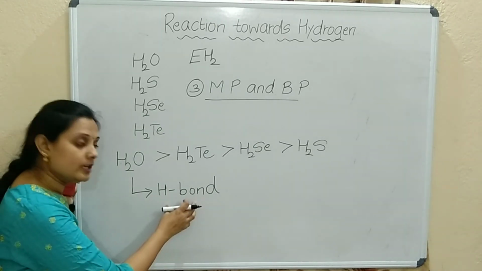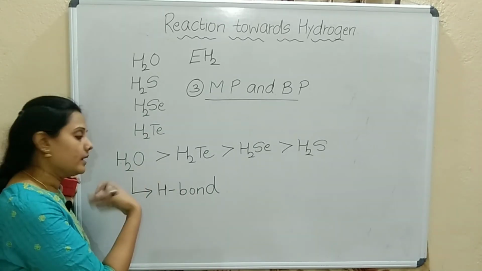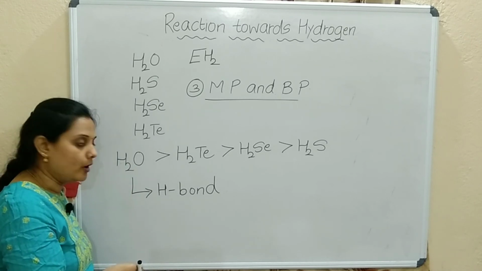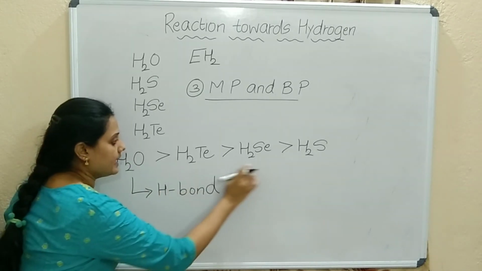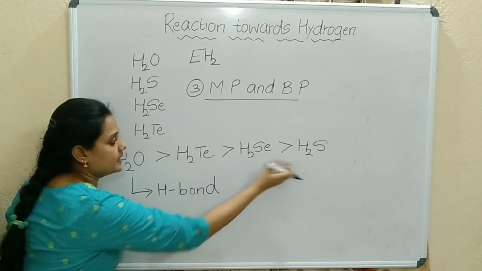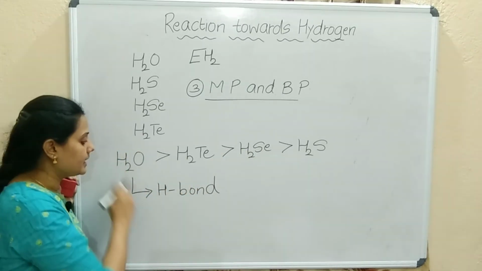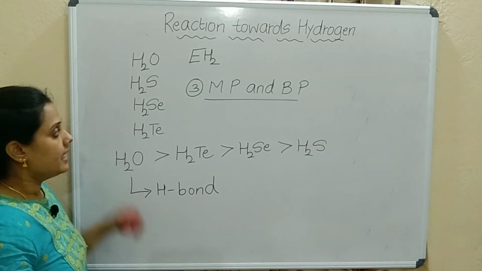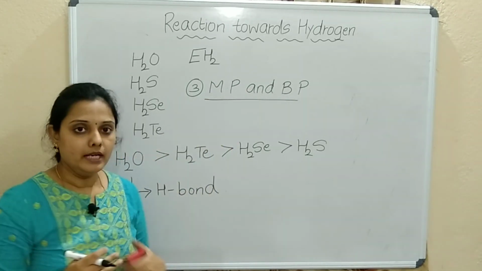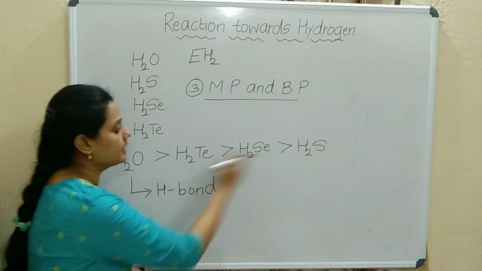Correct? Hydrogen bond is a strong bond. More energy is required to break that bond. So the order is the same as H2Te, H2Se, H2S, only water will come in the front. Why? Because it has hydrogen bond, and MP BP of water will be more compared to the other hydrides of the group.